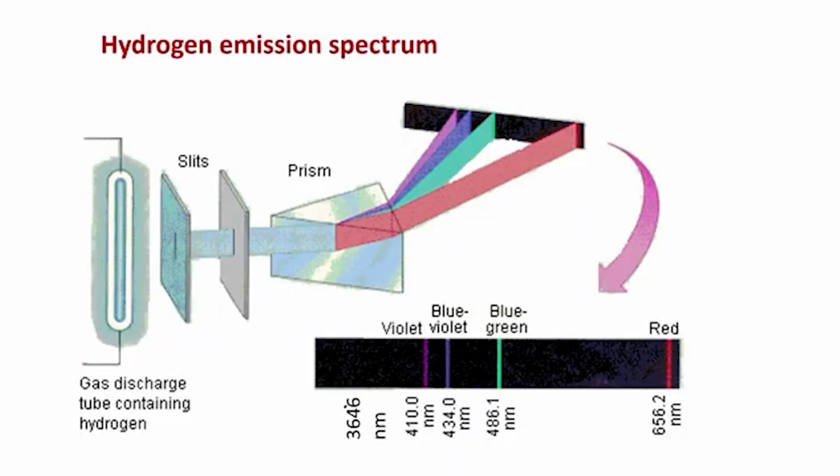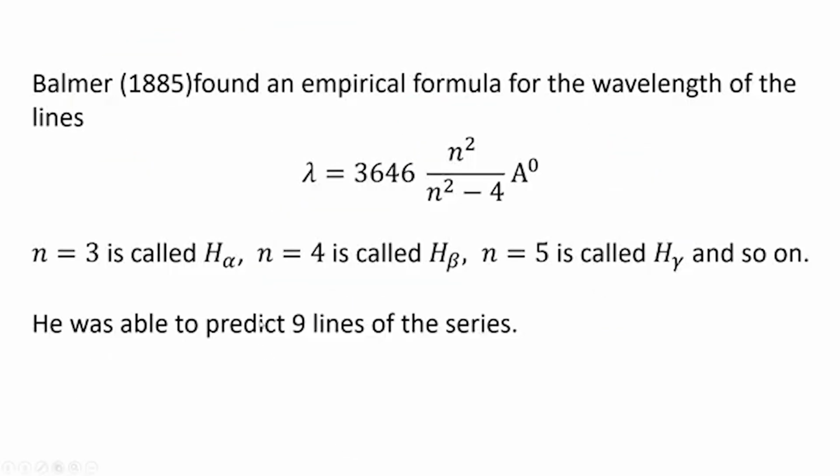There is something very interesting that happens here. You see discrete lines from red, blue, green and so on, and then here it is almost continuous. It is shown as black, but there are continuous shades of lines that appear here, and this is called a series limit. It is Balmer who found an empirical formula for the wavelengths of these emitted lines that you see there.